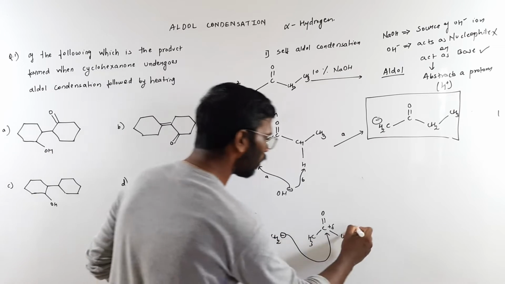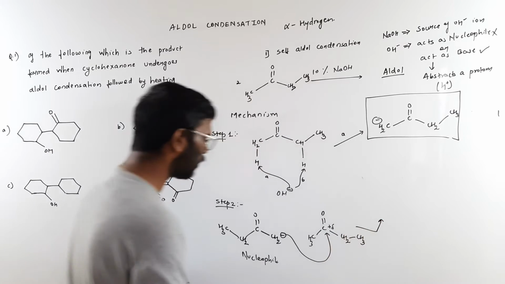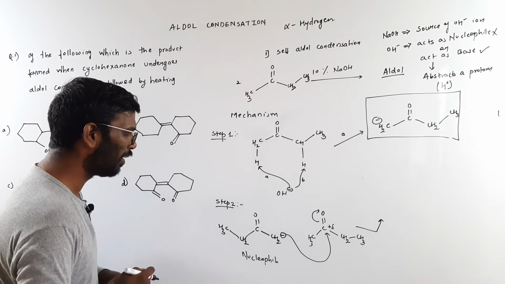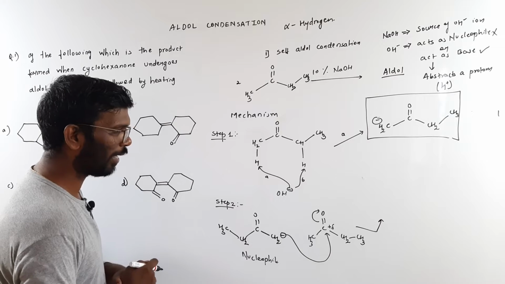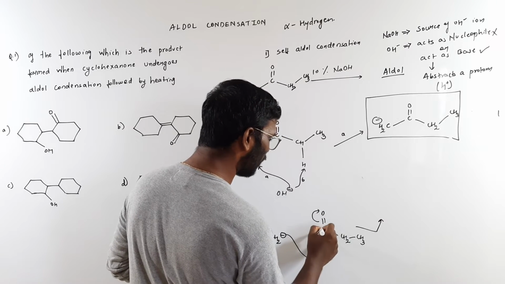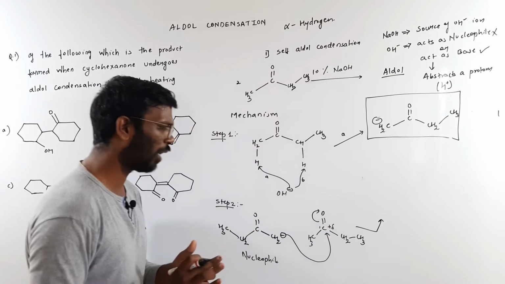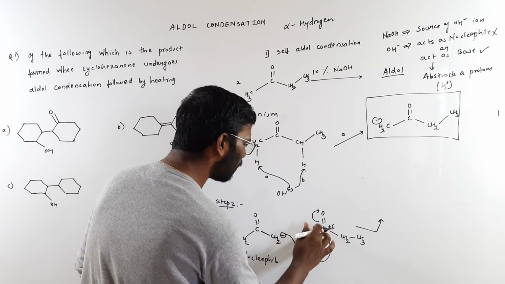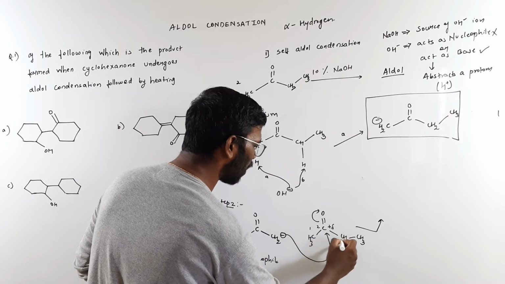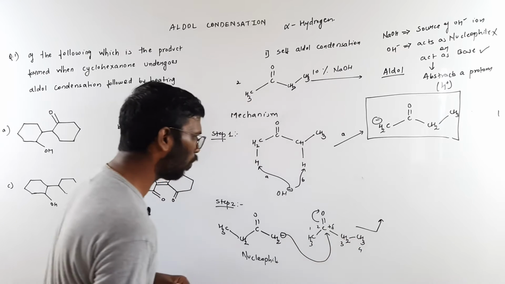So the product after this is, this is the bond which is going to shift over here, and in that case I will write it in this manner. Let's say, I will just number it, this is not according to IUPAC nomenclature, I am just numbering so that we can keep track. This is carbon 1, this is carbon 2, this is carbon 3, and this is carbon 4, right?